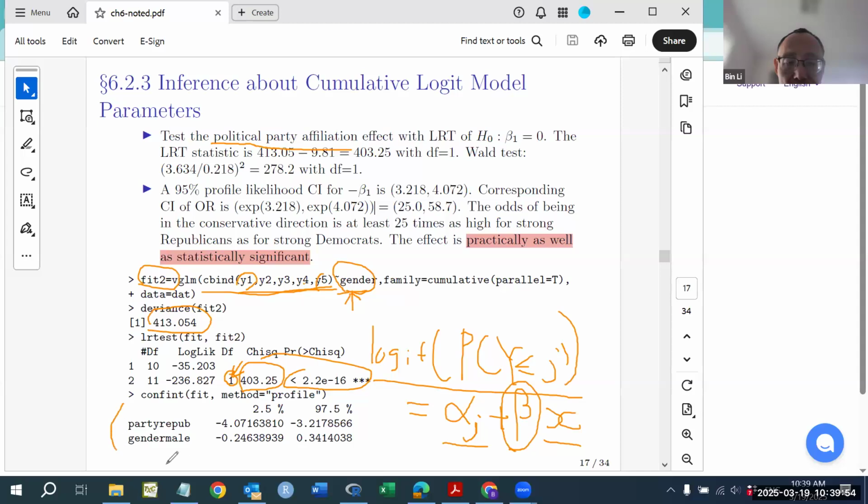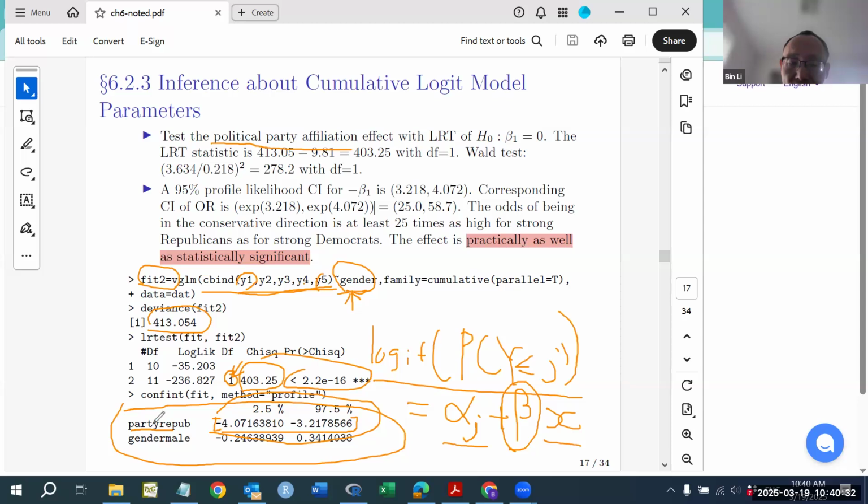And this can give you the 95% confidence intervals using the likelihood ratio approach. You can see that for the party affiliation, it is significant, because the lower and upper limits for the 95% interval exclude 0, and they are far from 0.